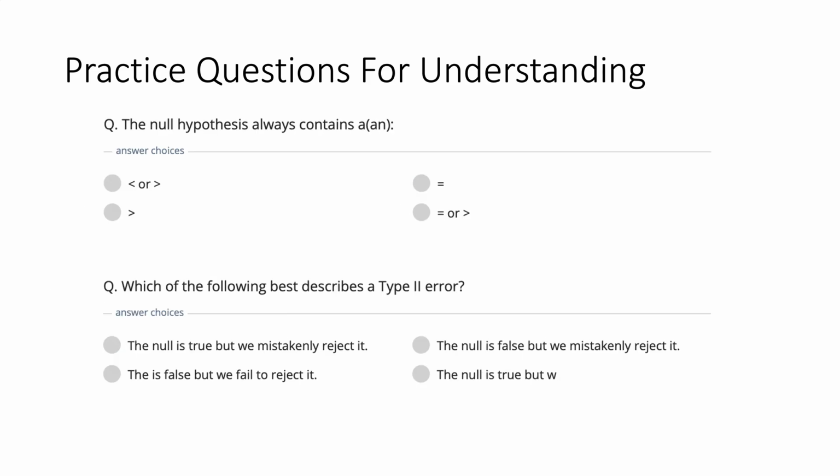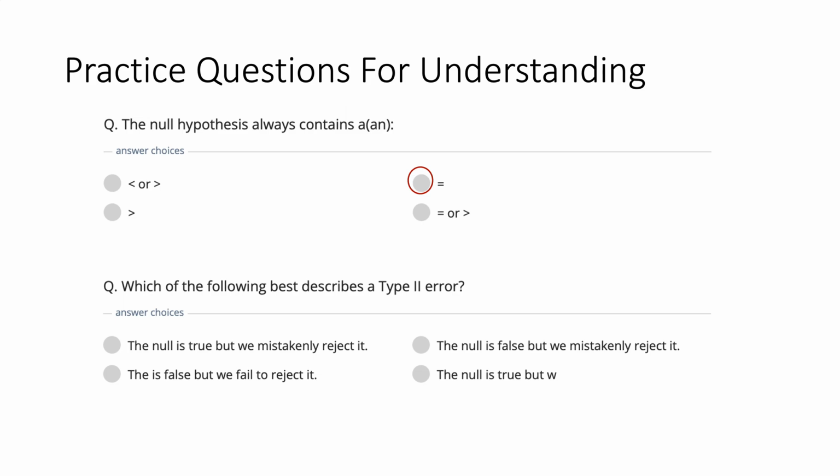Next one up. The null hypothesis always contains an equal sign. Okay? Which of the following best describes a type 2 error? The null is true and we mistakenly reject it. I think it's supposed to say underneath that the null is false and we fail to reject it. Next one, the null is false and we mistakenly reject it.